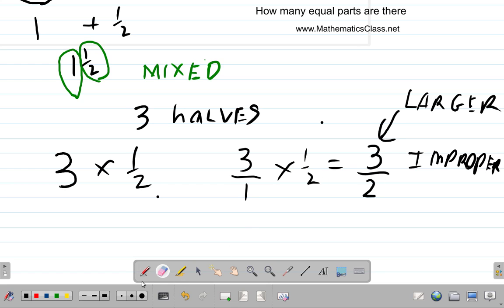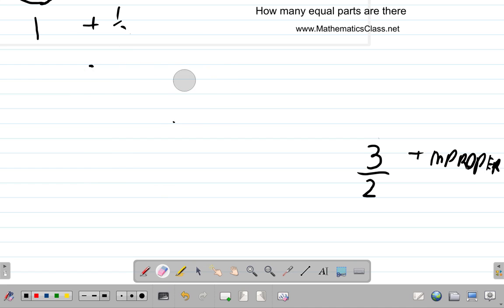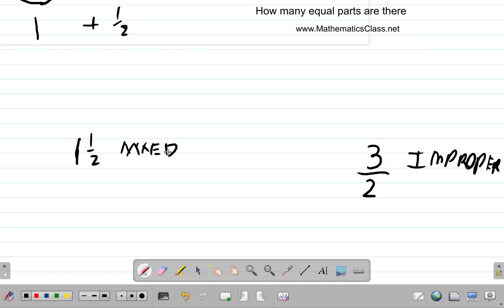Now let's erase some part of this board and we can compare both of them, because we have the mixed fraction and the improper fraction, and there is certainly some type of relationship between these fractions. So here, this is an improper fraction. This is a mixed fraction.